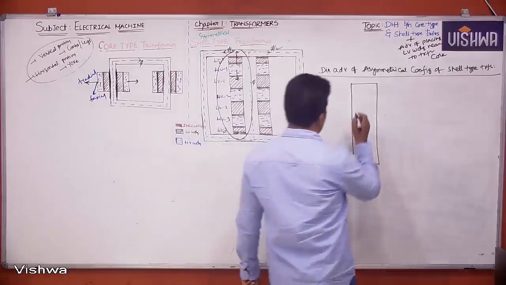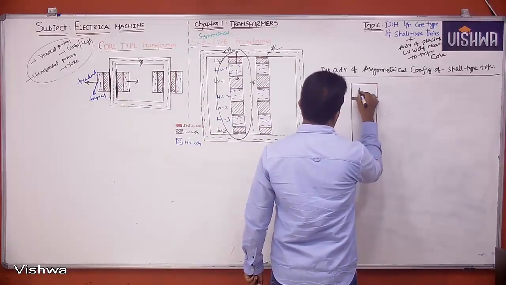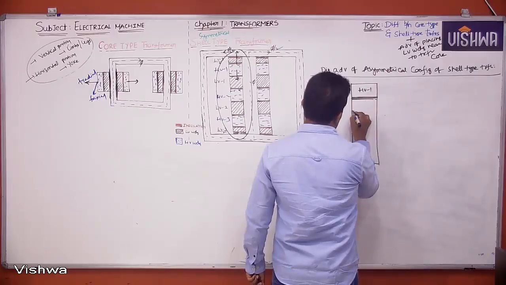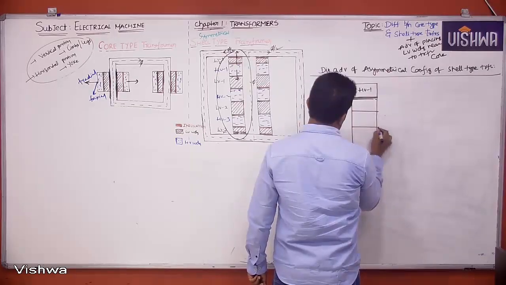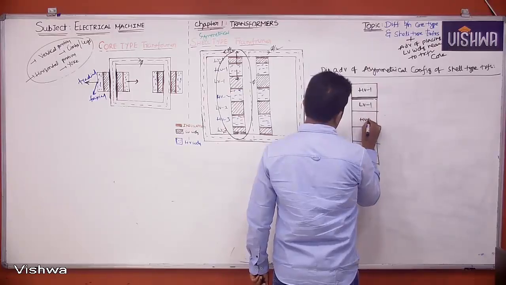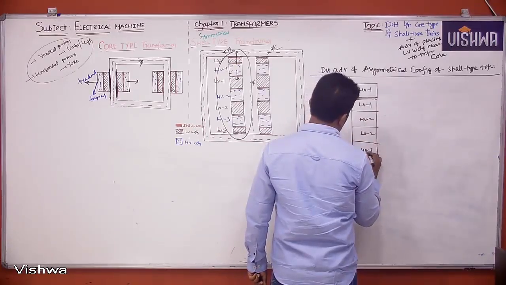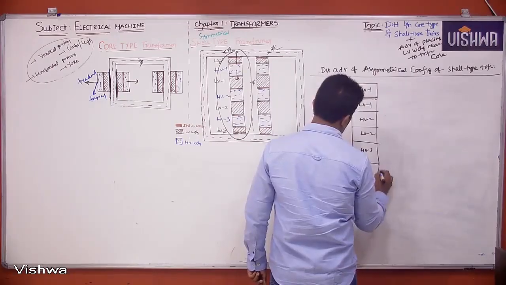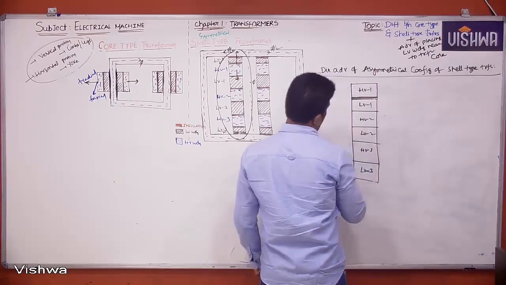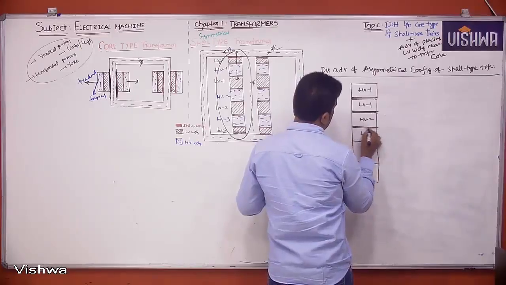So I'll take here HV1, LV1, HV2, LV2, HV3 and LV3. Here, this is nothing but insulation between LV and HVs.